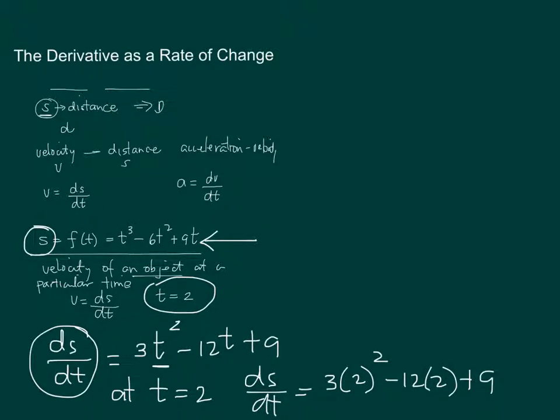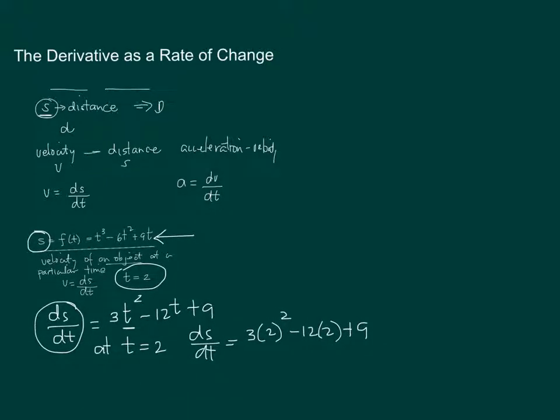That is 3 times 4, 12, minus 24, plus 9. 12 minus 24 is negative 12, plus 9 is negative 3.